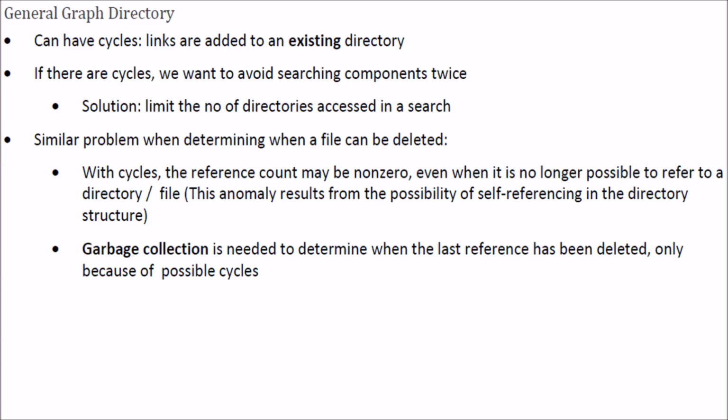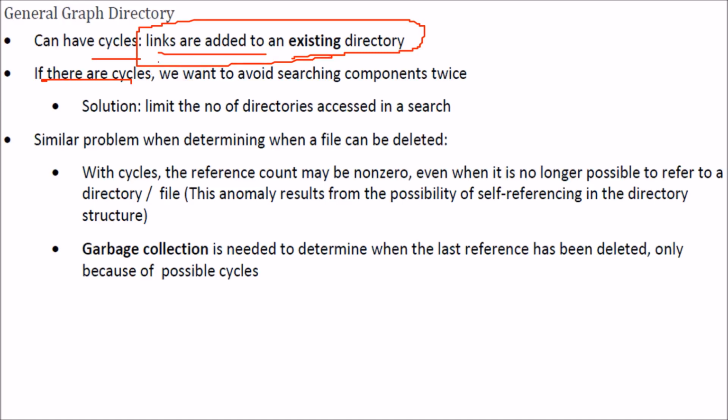We have the general graph directory also. This can have cycles. So the links are added to the existing directory. Please understand, this can have cycles. Acyclic means that you don't have any cycle. But in this general graph directory, we can have cycles.